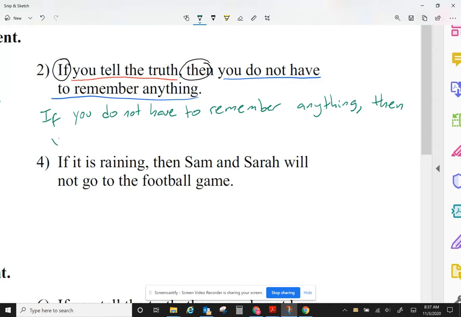Then you tell the truth. Once again, keep it with the same wording. Make sure the hypothesis becomes the conclusion and the conclusion becomes the hypothesis.